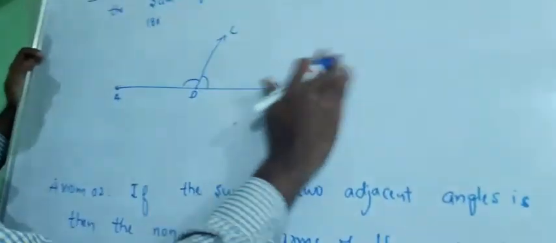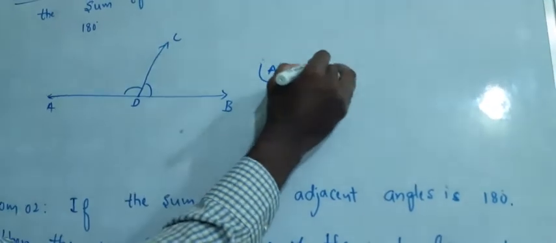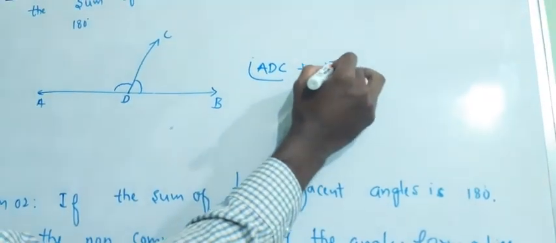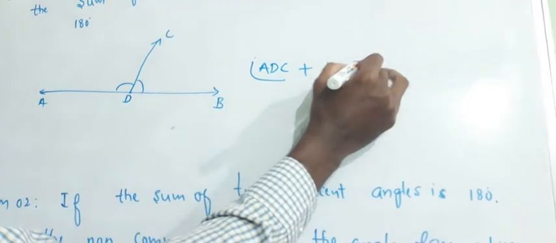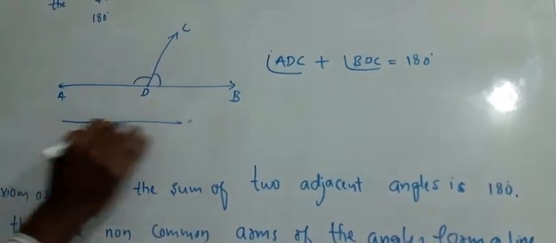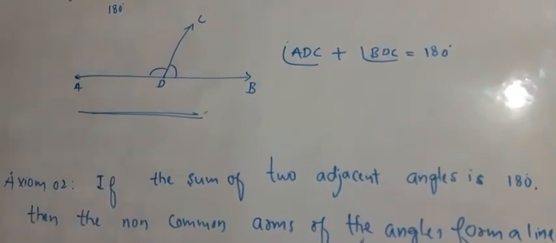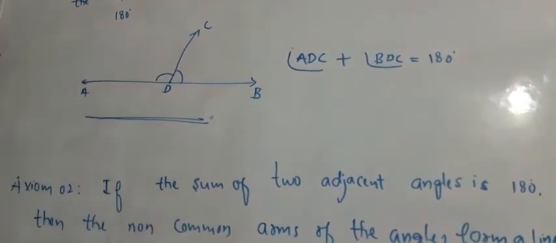That is, in this case, angle ADC plus angle BDC is equal to 180 degrees. Next, this is a linear pair. Already we know that. But what does axiom 1 state?